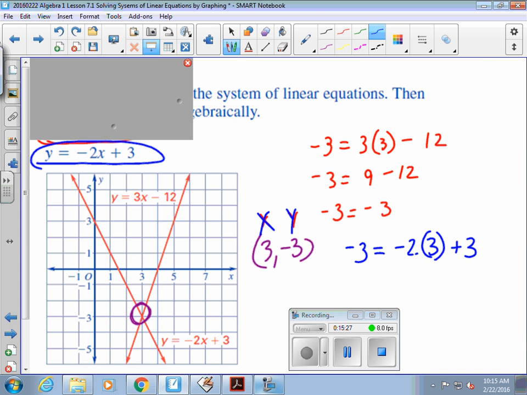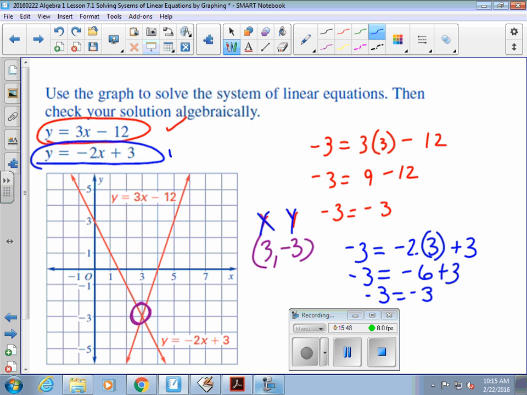So if you need to, cover up the first equation so you don't do that. -3 equals -2 times 3 is -6, plus 3. -3 equals, again, 6 and 3 are opposite signs, so subtract them and keep the bigger absolute value's sign. -3 is equal to -3. Therefore, it is a solution to that one.